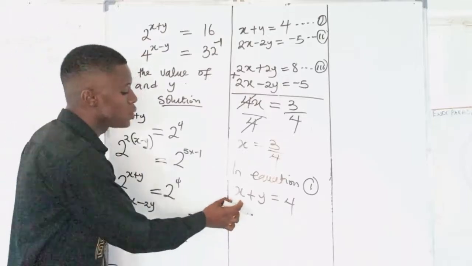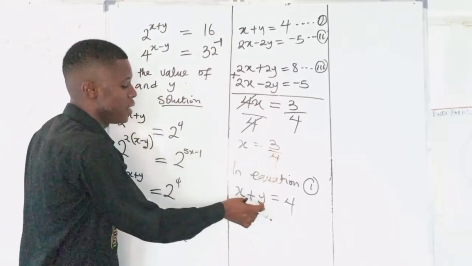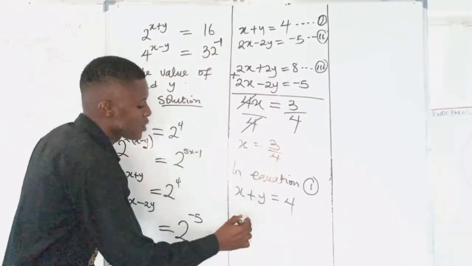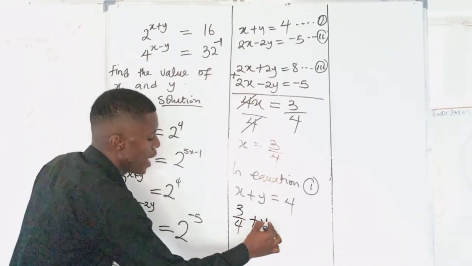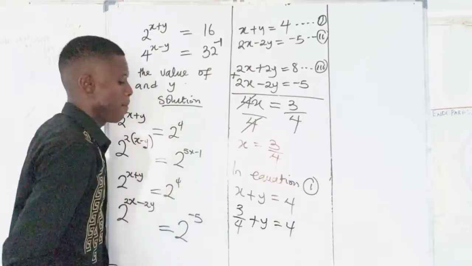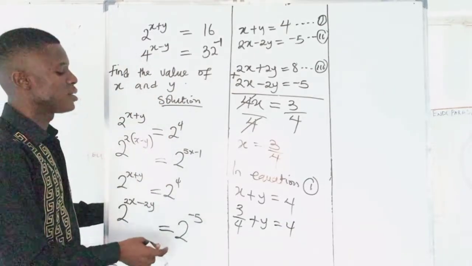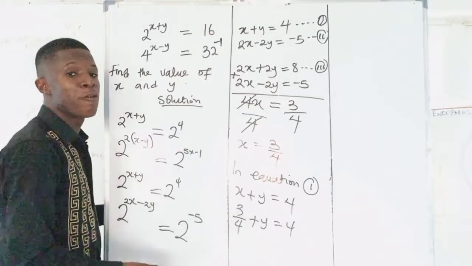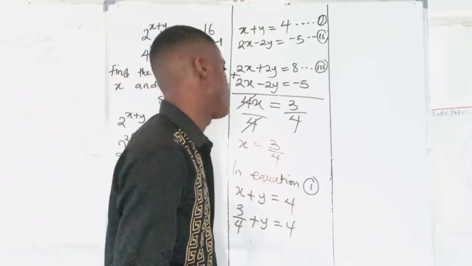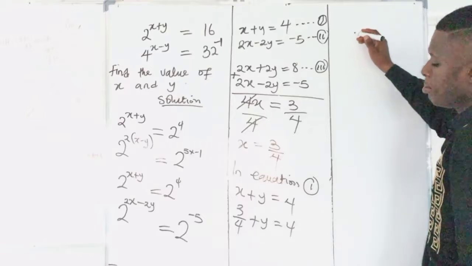I need to substitute the value of my x in this equation. If I substitute 3 over 4 for x, then 3 over 4 plus y is equal to 4. I need to simply subtract 3 over 4 from both sides. So let's do the subtraction here.